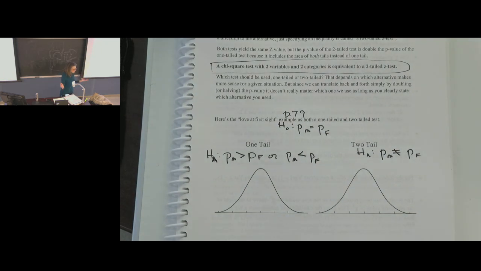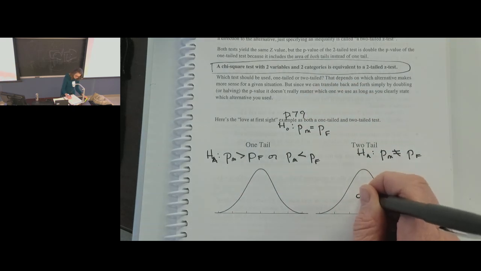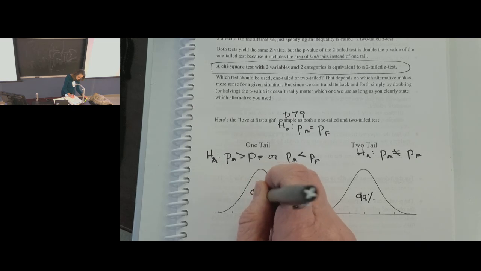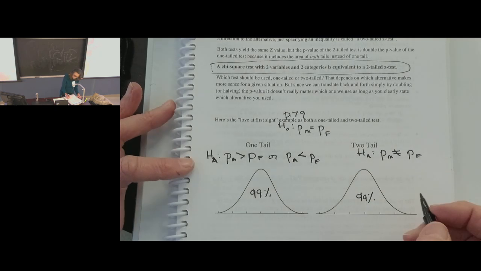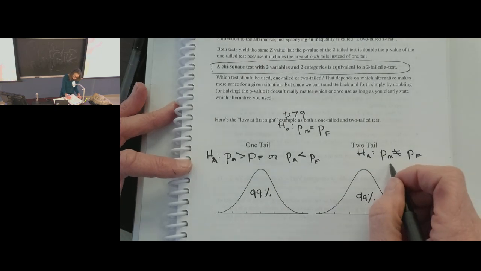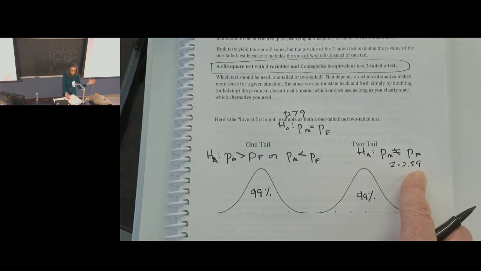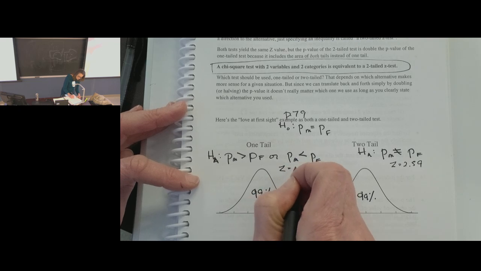Now, what we got on page 79, we said there was 99% in the middle for both of them, because our z for both of them was 2.59. Now, if we squared that, we get the chi-squared, within rounding.